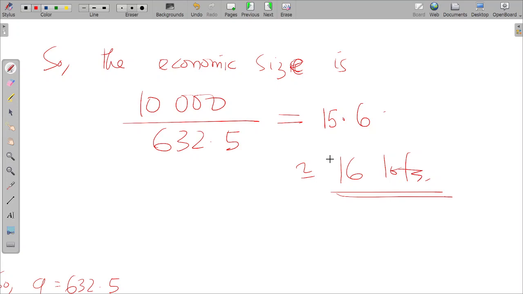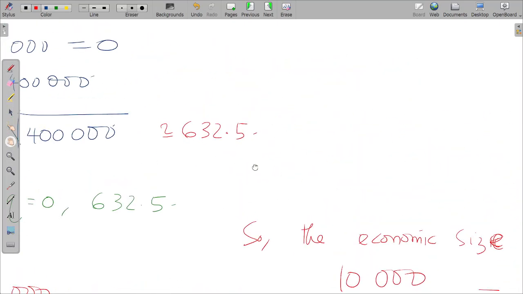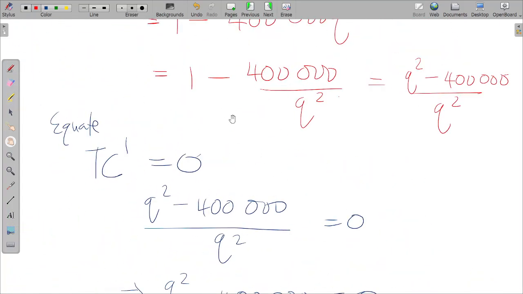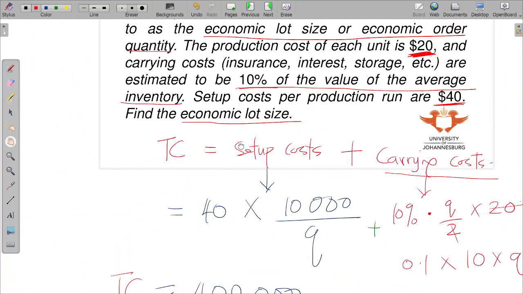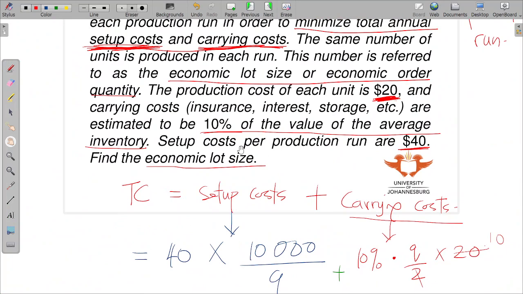So we have that, and that is what we are looking for. Please ensure that you understand. Let me see if I missed out anything. This number is referred to as the economic lot size or economic order quantity. Okay, that's fine.